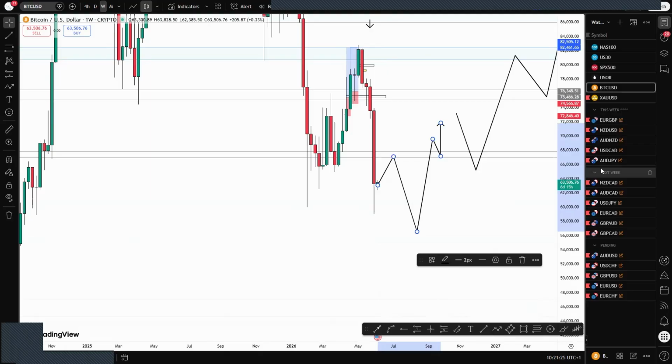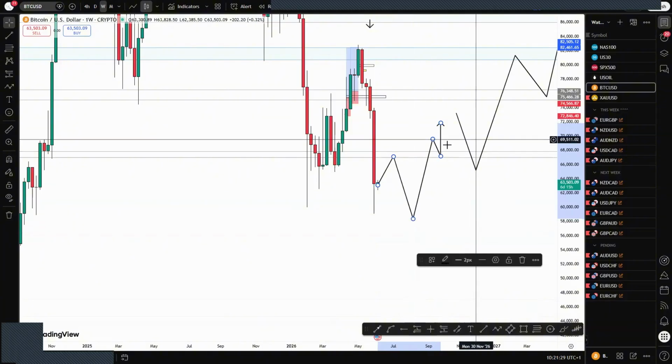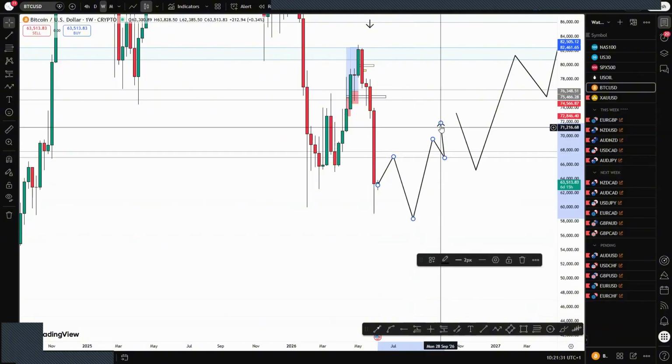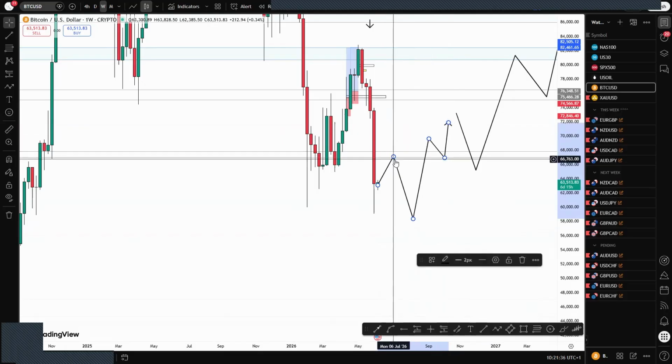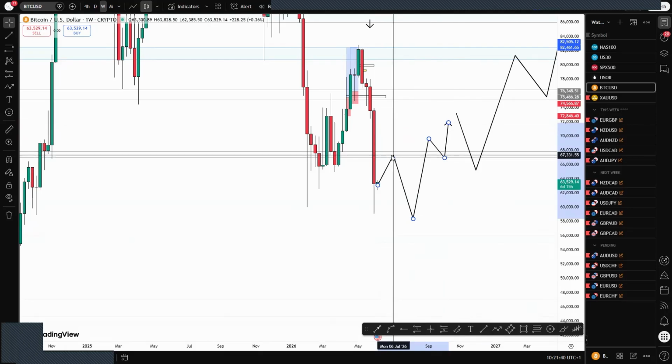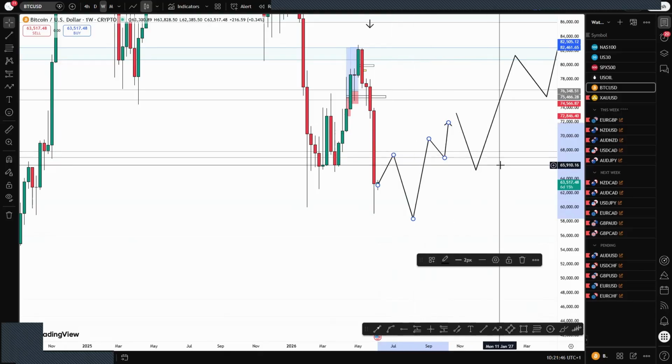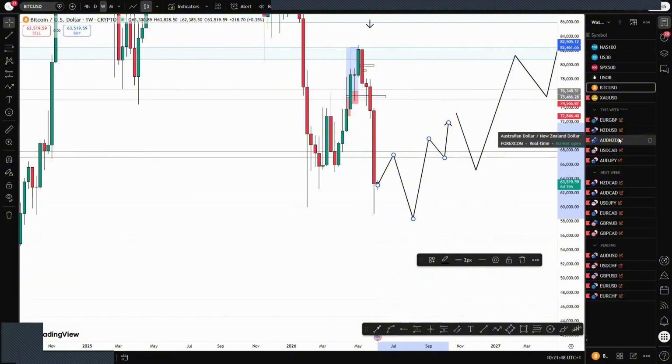Okay, so we are back. So we are still going to do the same analysis we have on this pair. We just have to wait for the shift, and then we can start the journey of the buys in this Bitcoin pair.